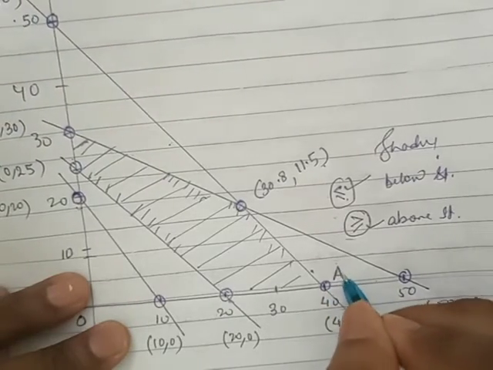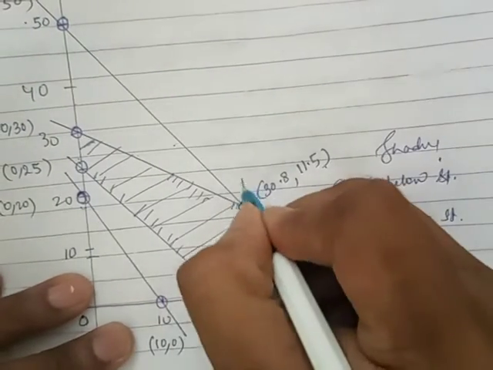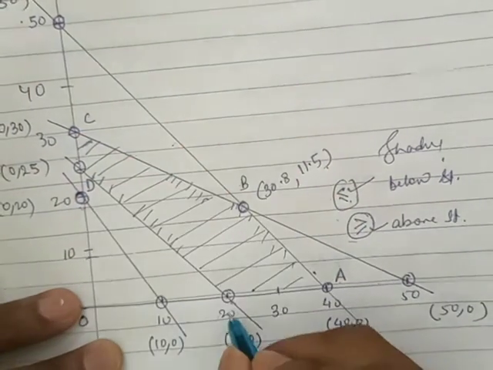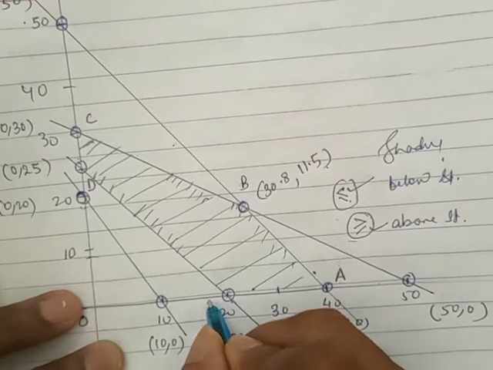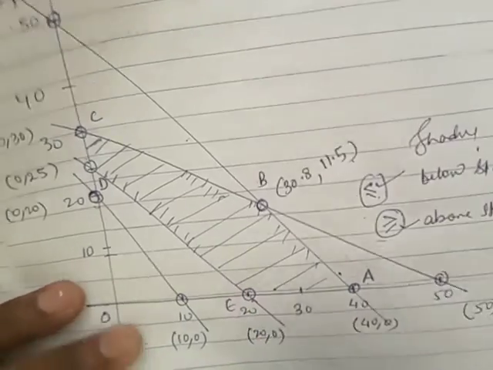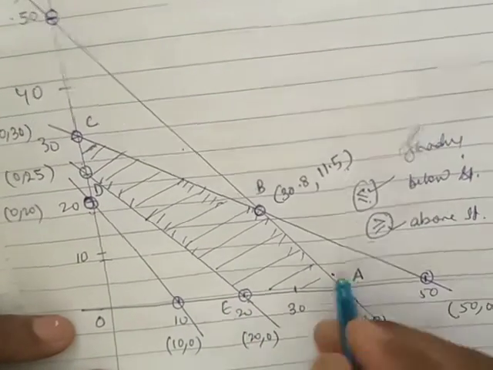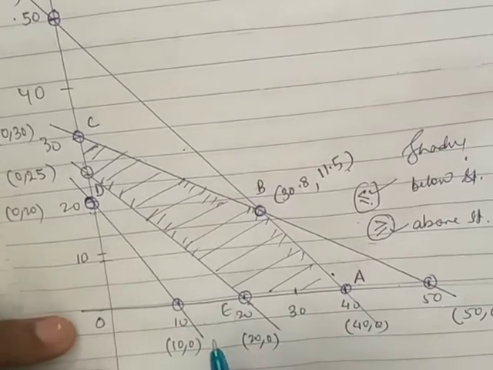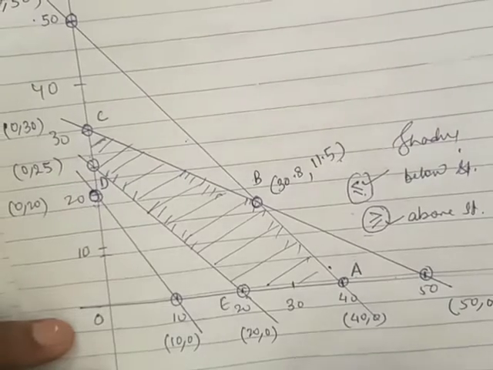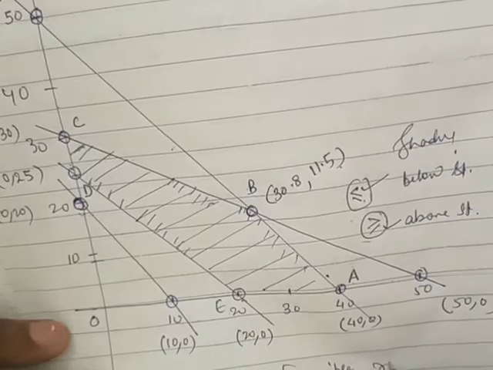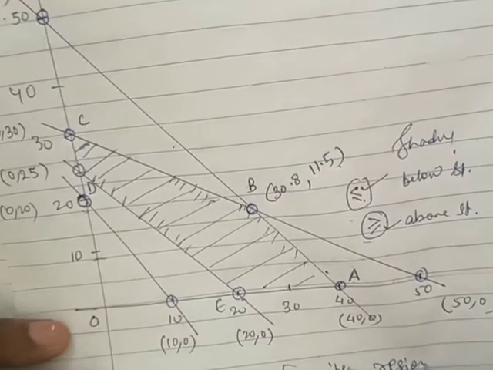Let us mark this as point A, this as point B, this as point C, this as point D, and this as point E. So our A, B, C, D, and E. This is our feasible solution region.